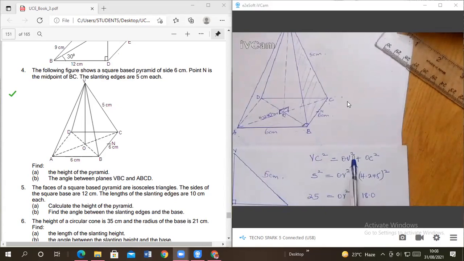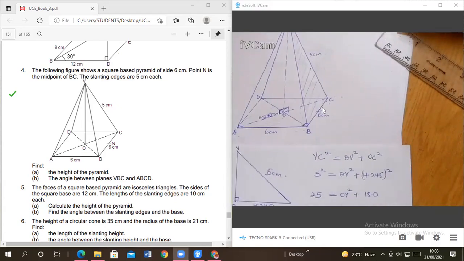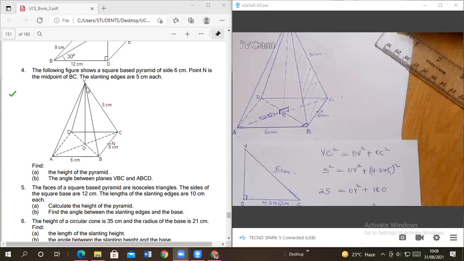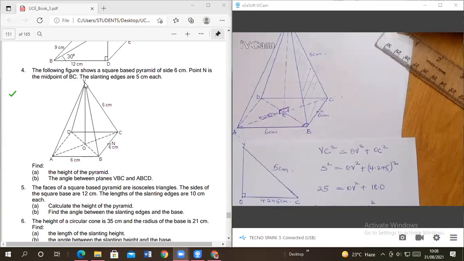So to do that, members, previously I told you that we must draw a line that bisects that plane into two. So we are going to look at the first plane. Our first plane is VBC. So we must draw a line from V up to the point in the middle here, and our point was N. When a point is not labeled, you can label it any letter that you want.